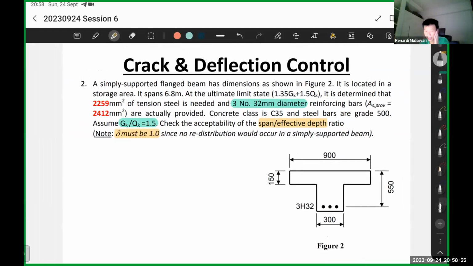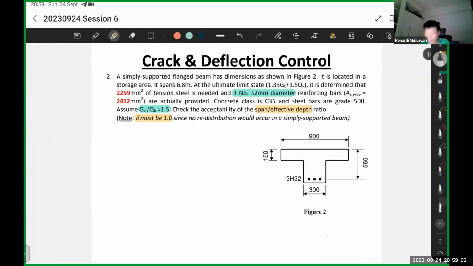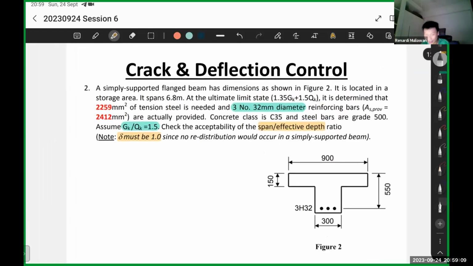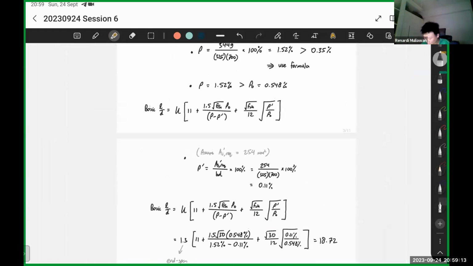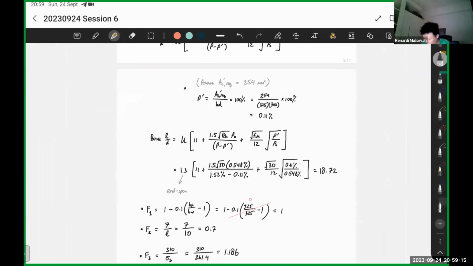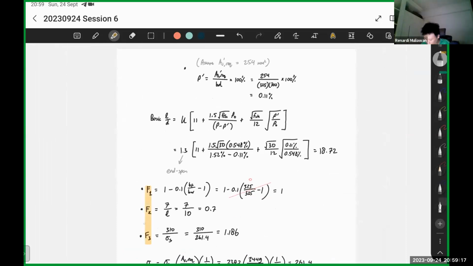When I release the document, I'll try to complete this so y'all can see the solution and compare. For now, try to do this yourself first, because I want to discuss a little bit on slab first. This is exactly the same as just now: you find the basic L over D, and then you find F1, F2, and F3.